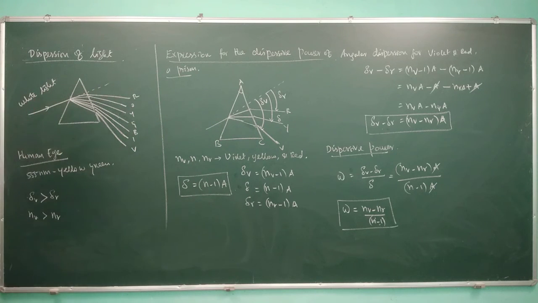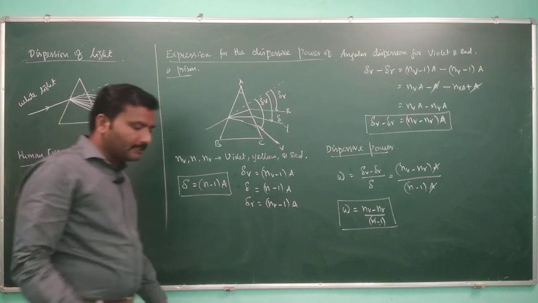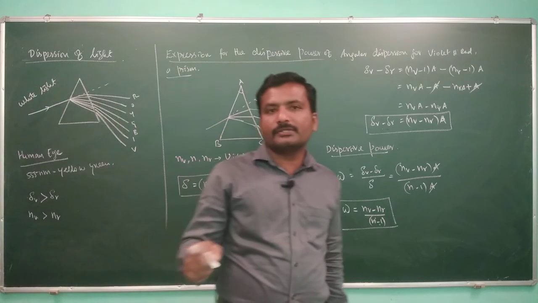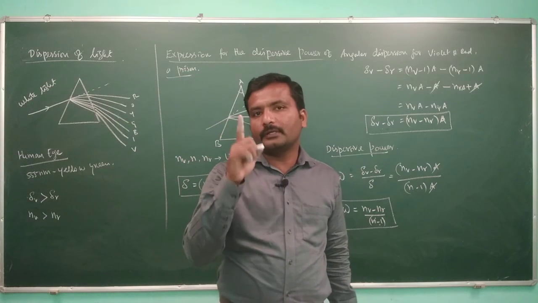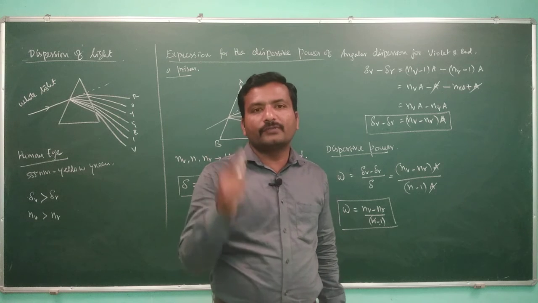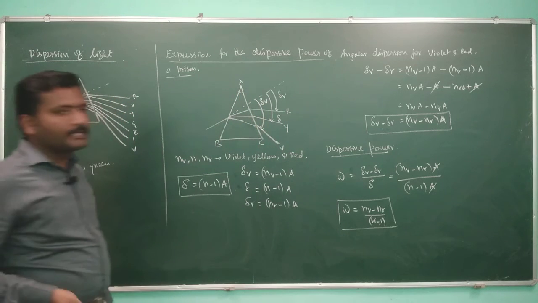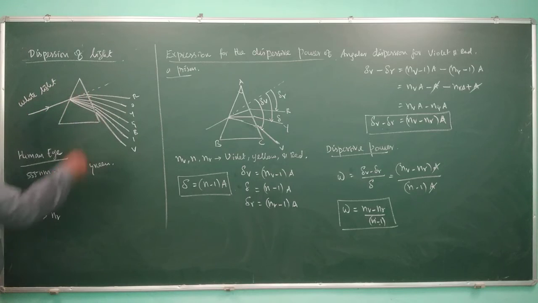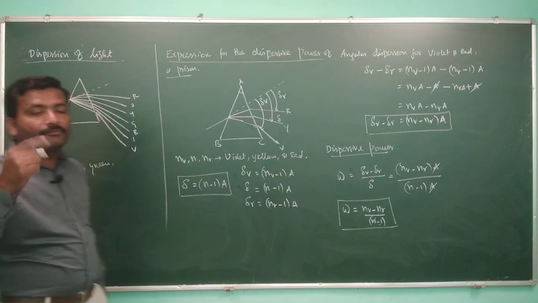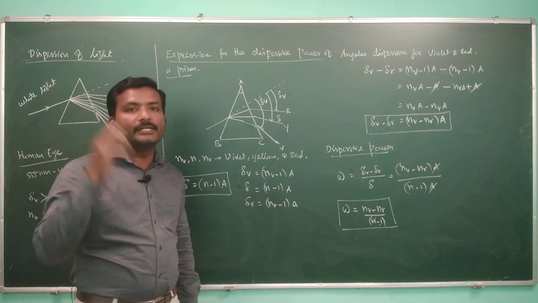See, from this diagram we understand that the refractive index for a monochromatic light in a refractive medium is the same. It is a single value. Whereas if you pass white light, it is dispersed and split into its constituent colors, and different colors have different refractive indices.